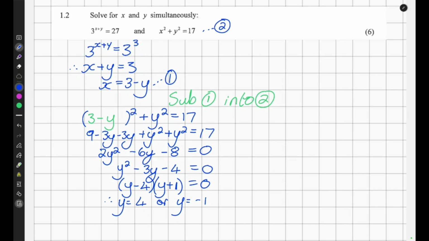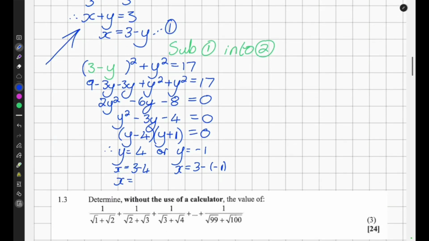In this case, it's extremely easy because I'm just looking at that formula, and I know x is just 3 minus y. So in something as easy as this, you don't need to rewrite everything, but if it's a little bit more tricky, just show them how you subbed in. So in this case, I'm just going to say x is equal to 3 minus 4, or x is equal to 3 minus 1. Therefore, this x would just be minus 1, and this x would be 4.